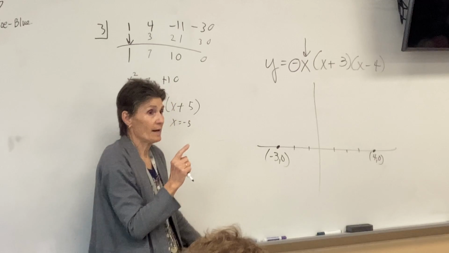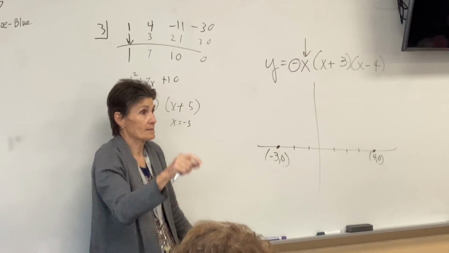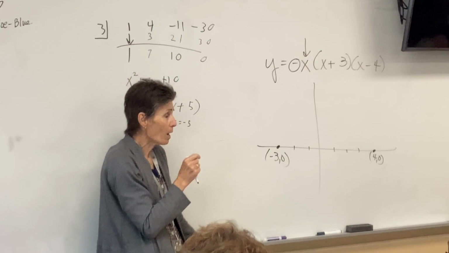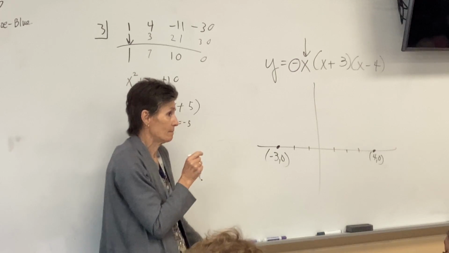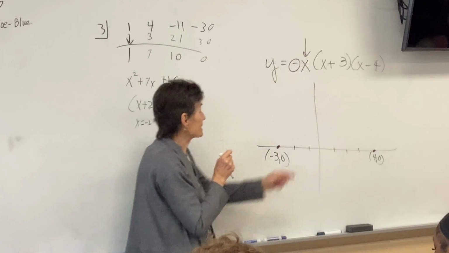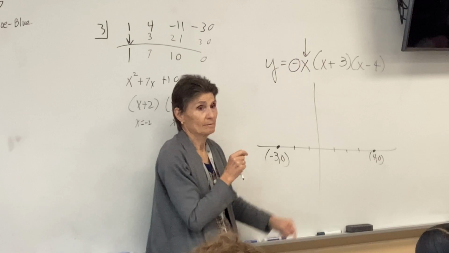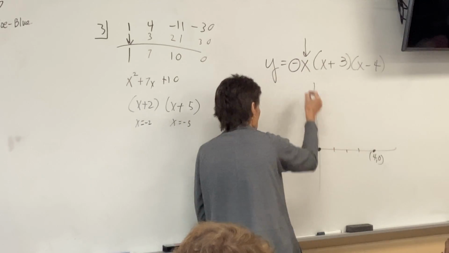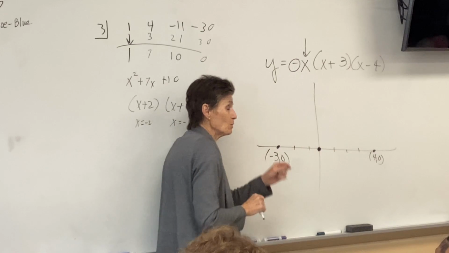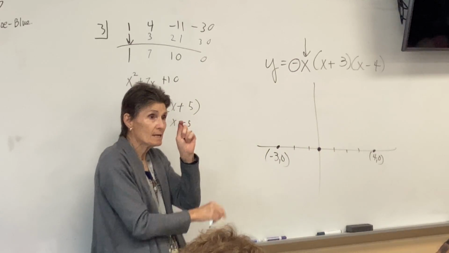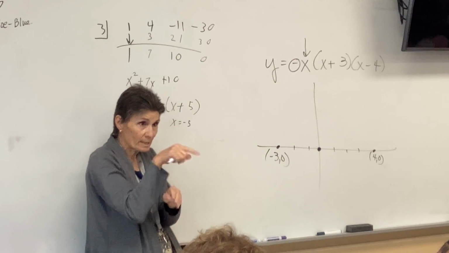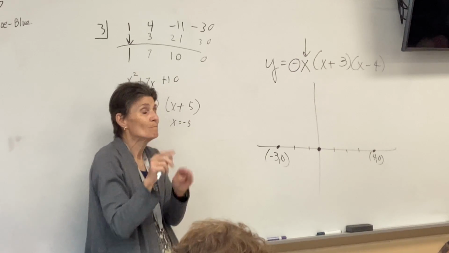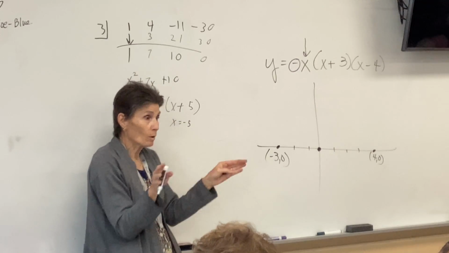But there is another X, you guys, right here. He gets a dot. Every X that you see physically in the problem is going to get a dot. Where is that dot going to be? At the origin. So if your problem has 3 X's written down, 3 dots. 4 of them, 4 dots.